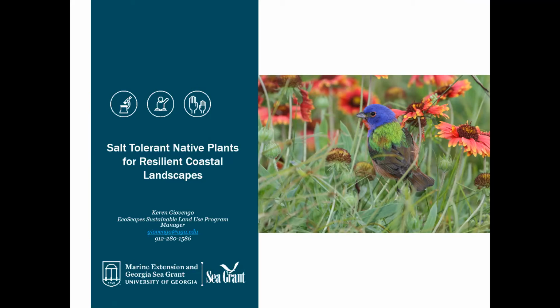I have been for quite a few years now researching and trying to find the best science-based information on salt-tolerant native plants and how coastal Georgians can consider utilizing select plants, in particular for resiliency, for coastal landscapes that are being exposed to salt water or brackish environments. And I'll explain further about why this is really important for resiliency of our coastal communities and our ecosystem health.